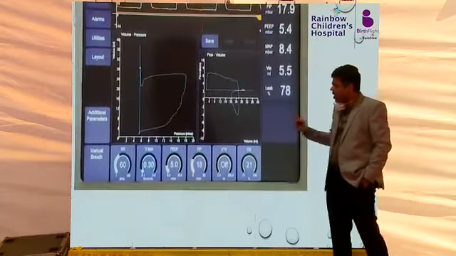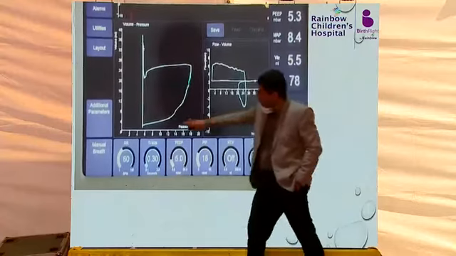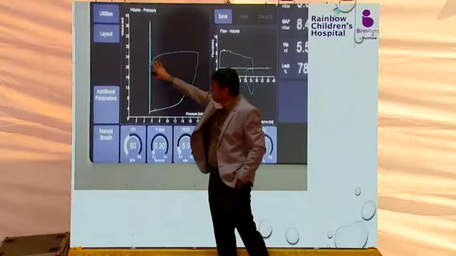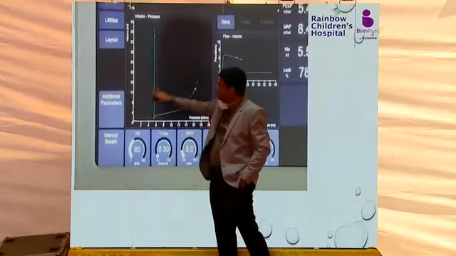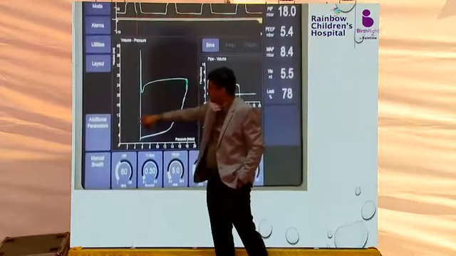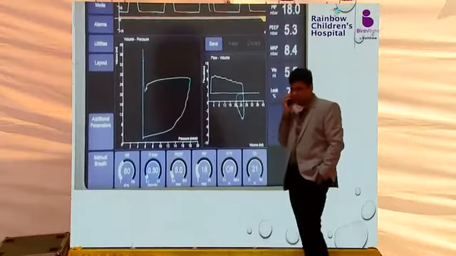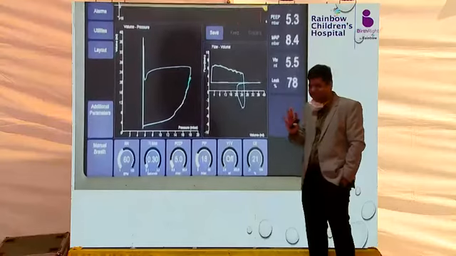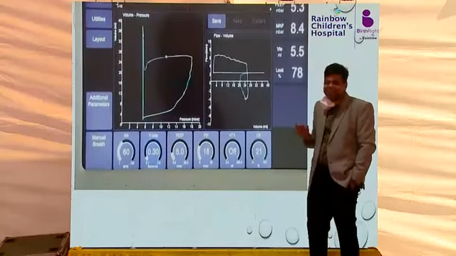Okay. So now here, this is inspiration. Down here, what is this happening? This is peritubal leak, not pneumothorax. This is leak which is happening.